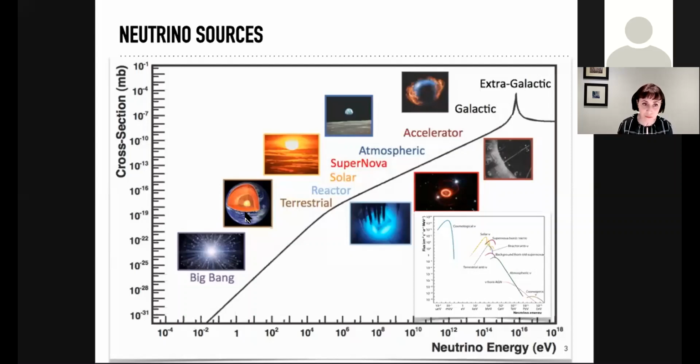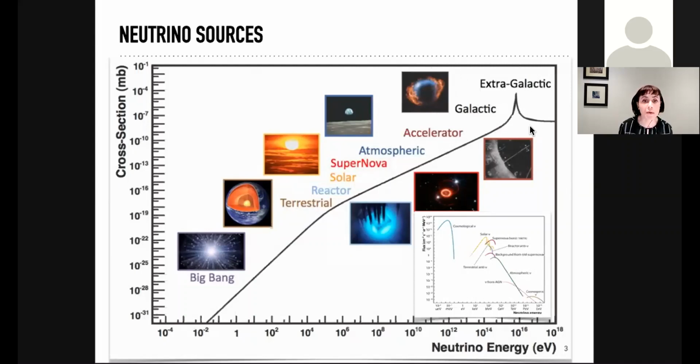They can come from the radioactive decays in our own Earth, and that's quite interesting. They can come from the sun. They can come from atmospheric neutrinos, basically cosmic rays: you have the proton decays with the atmosphere, and then you have neutrinos. They can come from galactic or extragalactic sources.